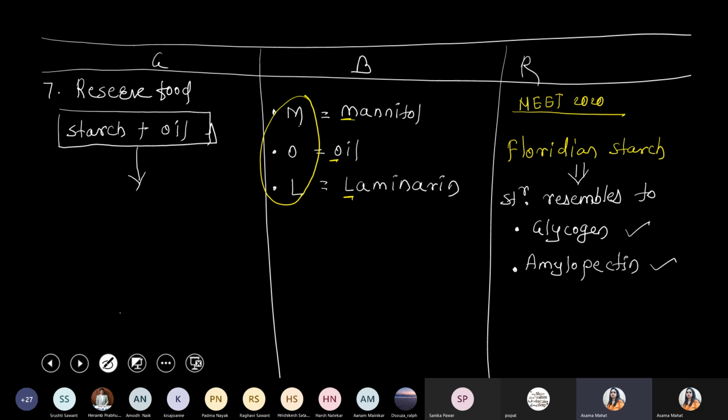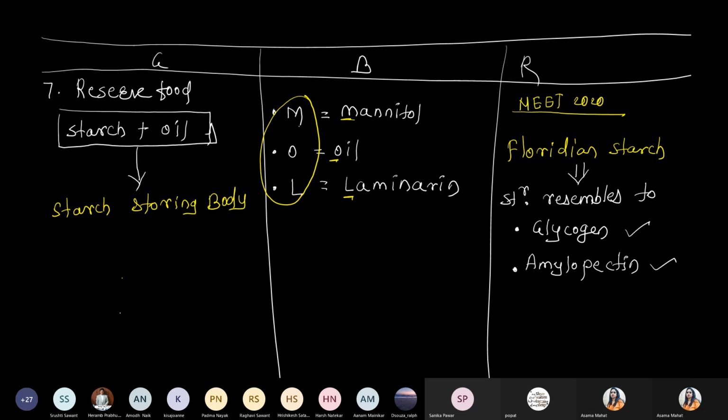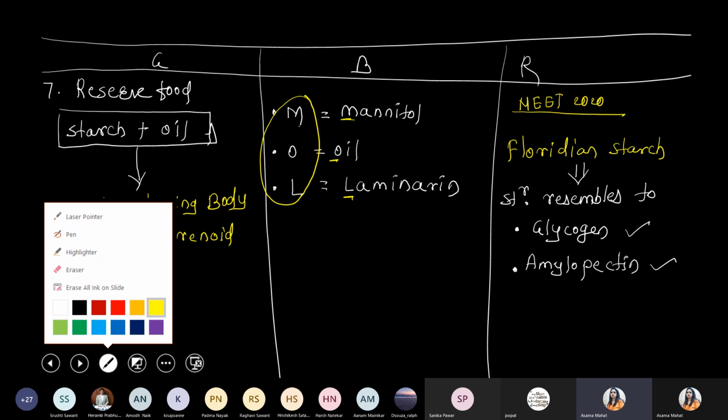That starch is stored in a starch storing body, and simply it is called pyrenoid. Please underline this word.